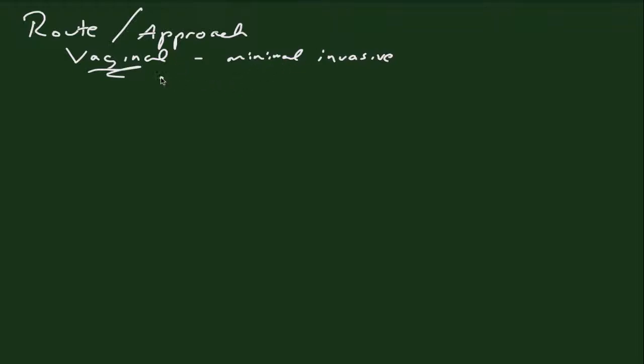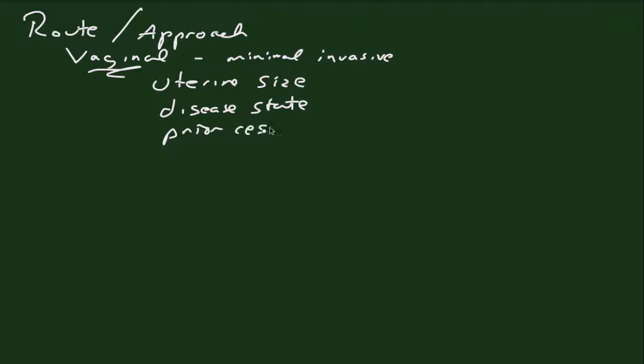Things to consider if you're considering a vaginal hysterectomy are uterine size, the disease state, prior cesarean delivery, because cesarean delivery often results in adhesions of the bladder to the anterior surface of the uterus, and can make a vaginal hysterectomy more difficult.